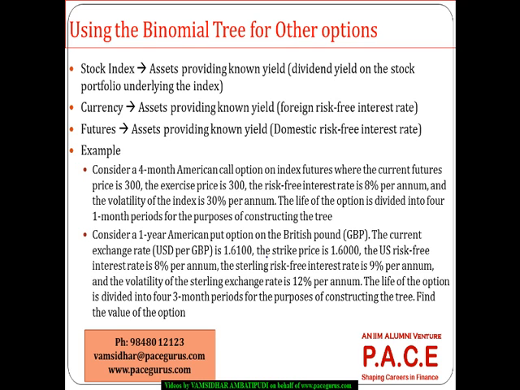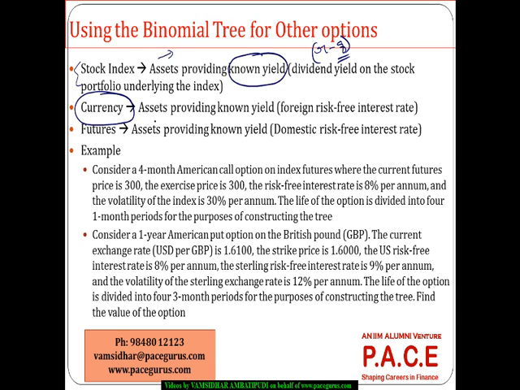Now, can I use the binomial tree for other options? The earlier example that I have looked at has used the binomial tree for a stock on which no dividend is paid. But here we can see that we can apply the binomial tree over a stock index, which is equivalent to providing some kind of a known yield, r minus q. q is the dividend yield that we are expecting on the index or the portfolio that is underlying the index.